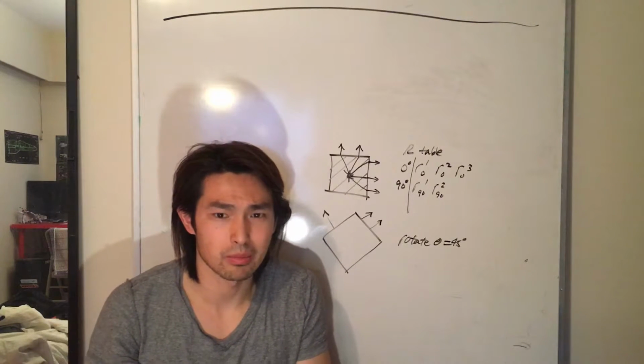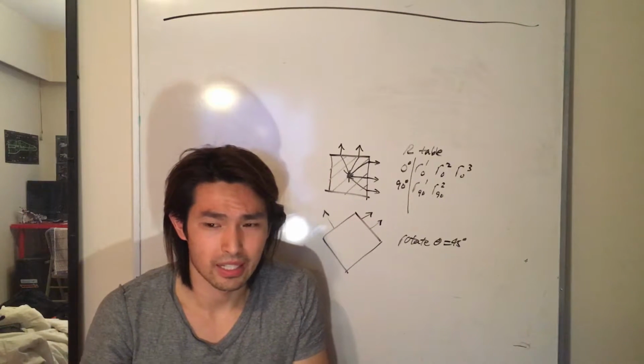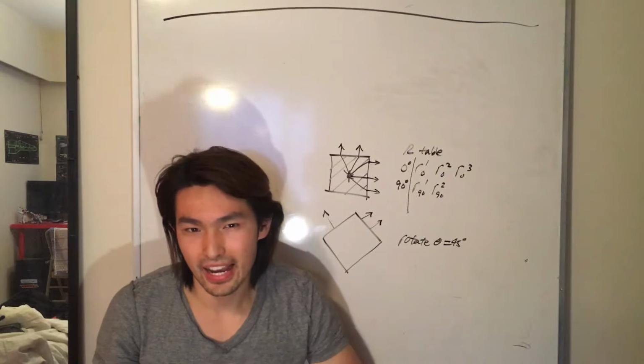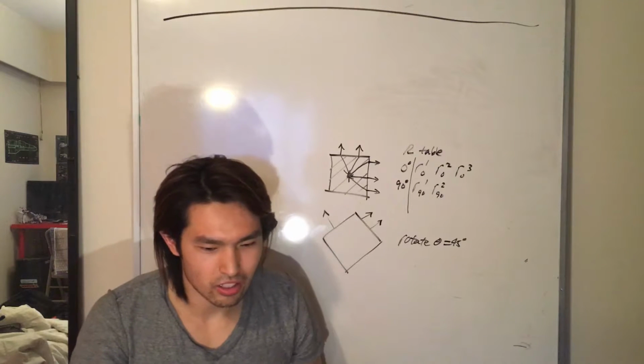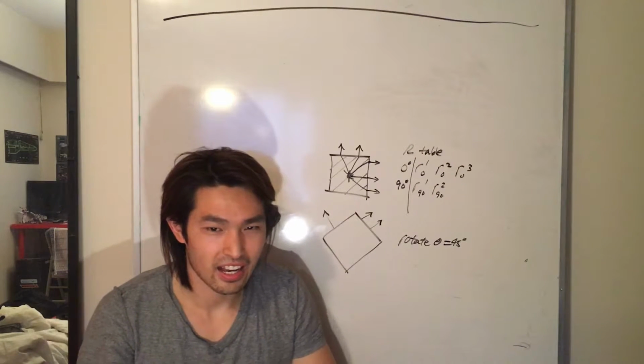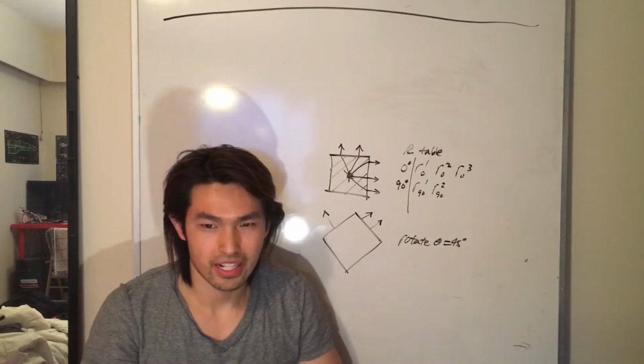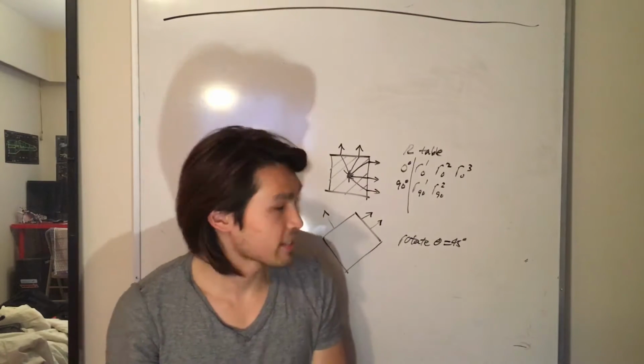That's an implementation detail that I might have an opportunity to go into later. But for now, let's talk about how rotation invariance actually works. So I have an example here.